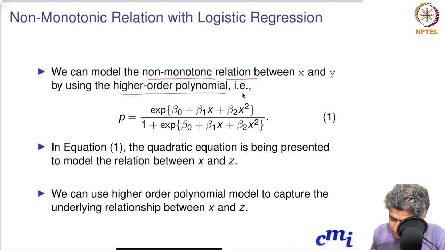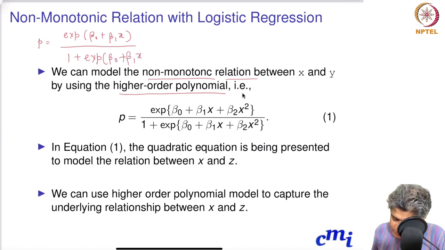How? Previously, we were using P equal to e to the power beta naught plus beta 1 x, divided by 1 plus e to the power beta naught plus beta 1 x.